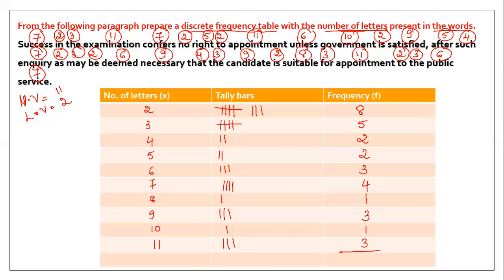How many words we have? 1, 2, 3, up to 32. We have 32 words. That means when you add this, you should get the total as 32.